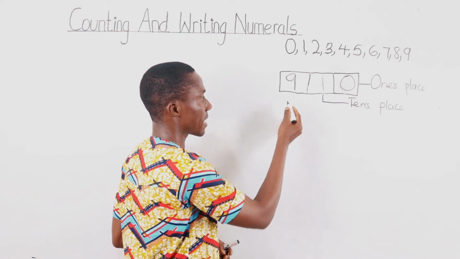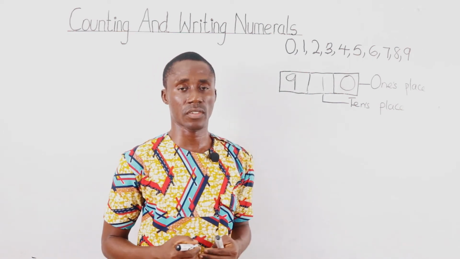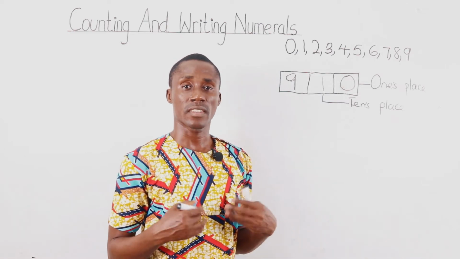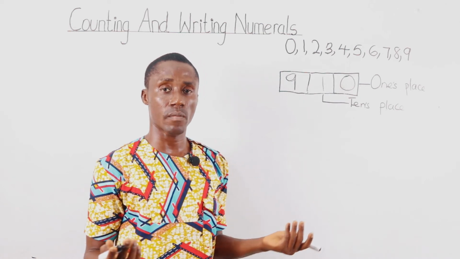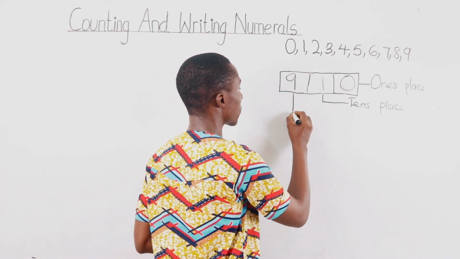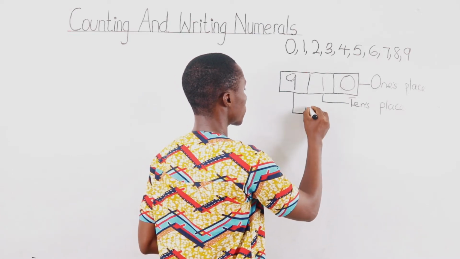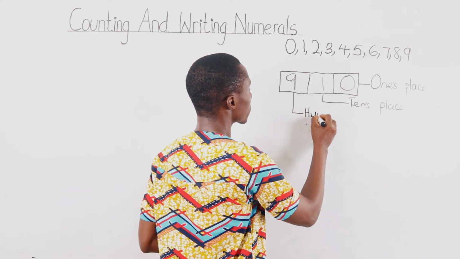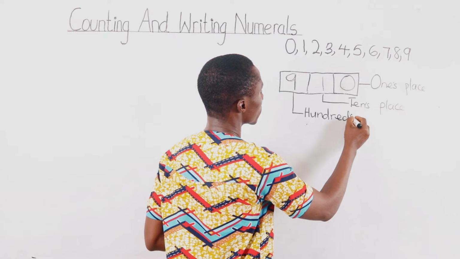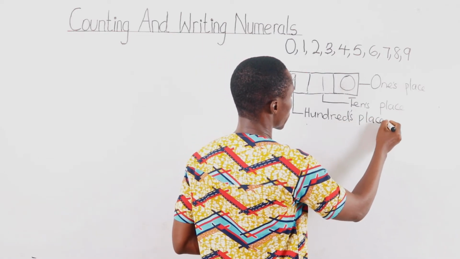The third number place is used to count hundreds or groups of hundreds, and so we call it the hundreds number place, or simply the hundreds place. So hundreds place.